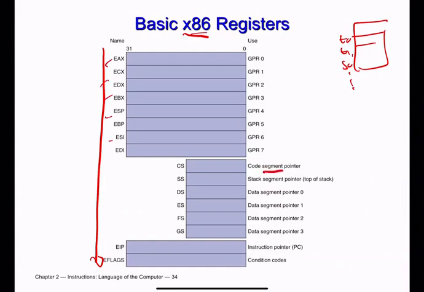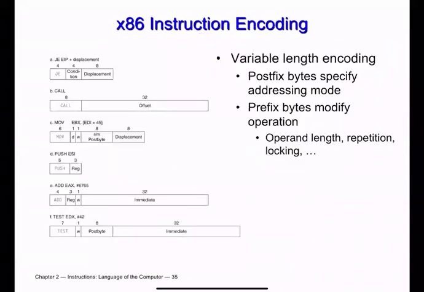You can see here the code segment pointer, stack segment pointer, data segment pointer, and so on. Again, we are not expecting that you remember that, but this just gives you an indication that at the very end, the concepts are similar. Yes, they might not be exactly the same registers, but again, I am having a register, I need to copy something to the memory and go back and forth and stuff like that.